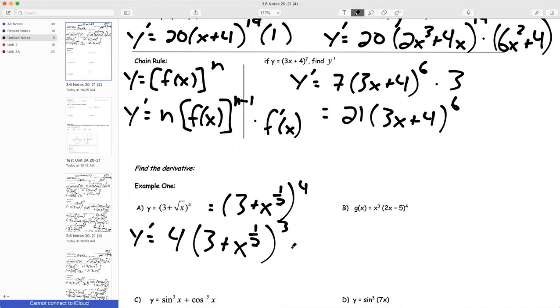Derivative of 3 is 0. And the derivative of x to the 1/2 is 1/2 x to the negative 1/2. My little power rule there.